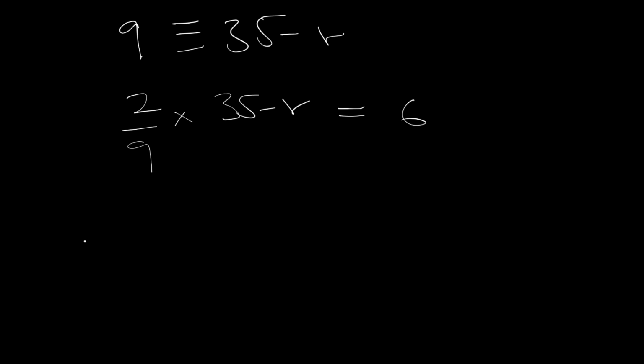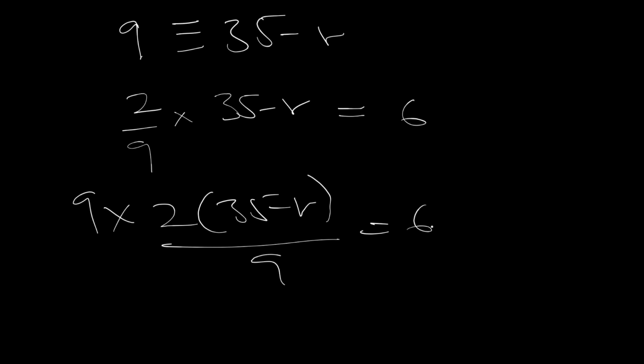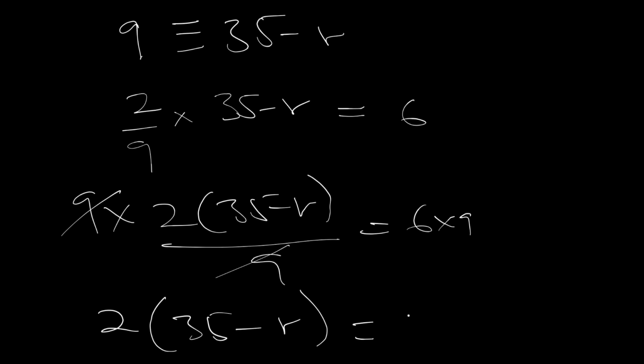Now multiplying this by 9, we'd have 9 times 2 multiplying 35 minus R all over 9 is equal to 6 times 9. So 9 cancels 9, we'll be left with 2 into brackets 35 minus R is equal to 54.